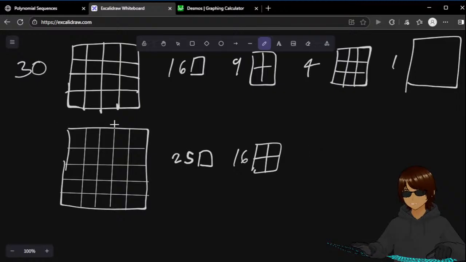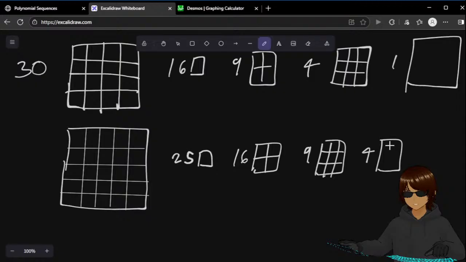And then the 3 by 3 ones, we have 9 of these ones. 4 of these ones, and then 1 big one.